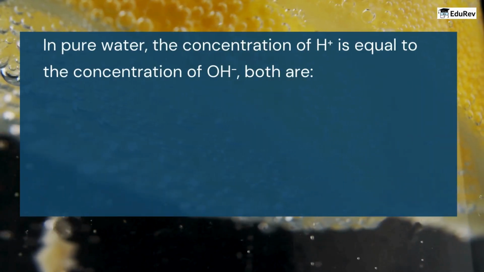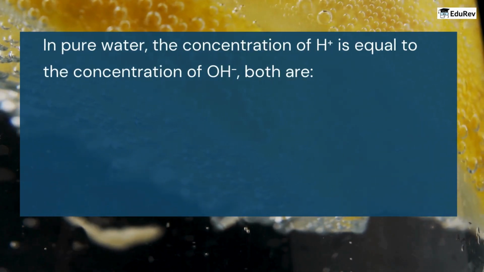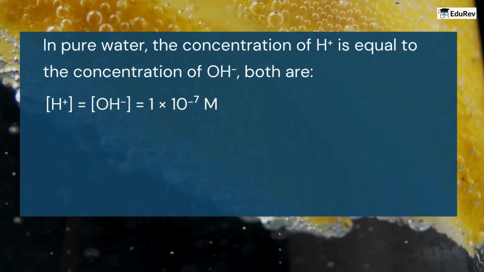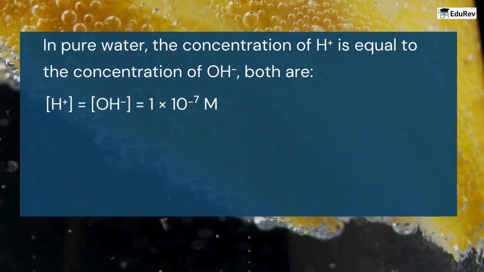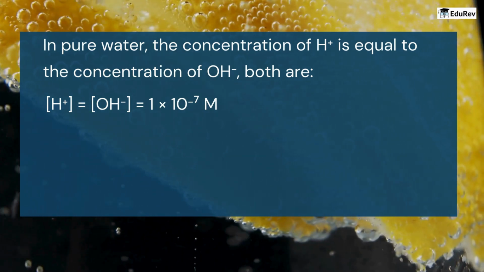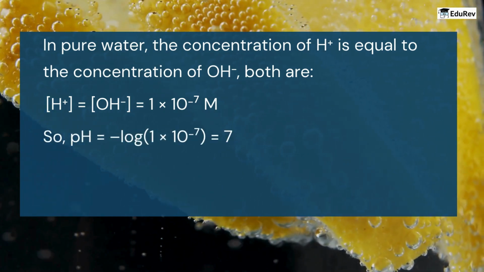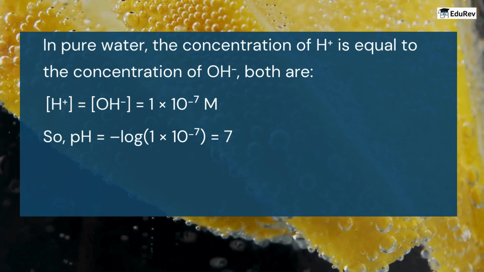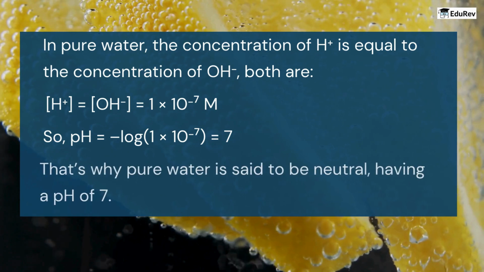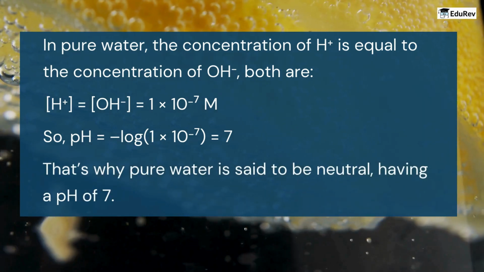In pure water, the concentration of H plus is equal to the concentration of OH minus. Both are equal to 10 raised to power minus 7 molar. So, pH is equal to minus log of 1 times 10 raised to power minus 7, which is equal to 7. That's why pure water is said to be neutral, having a pH of 7.